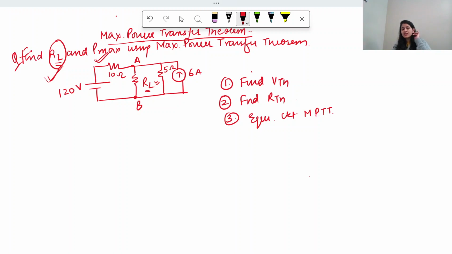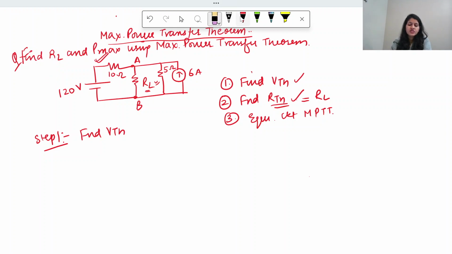So for this theorem you need to remember the Thevenin's theorem very well, because the VTH and RTH, they are from Thevenin theorem. So the step 1 will be find VTH, right? What is this RTH? This RTH will be the same as RL. So whatever RL you need to find out in the question, the load resistance which is taking that maximum power will be equal to the RTH, right?